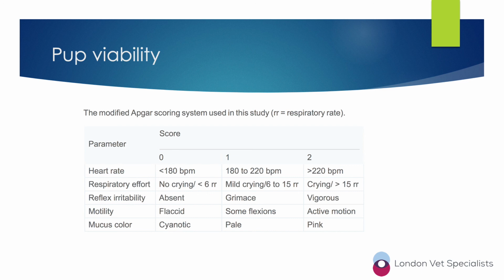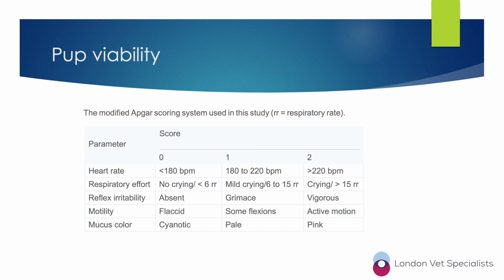The reason that I chose alfaxalone for induction in this case is that there are some studies which show a higher APGAR score in pups in the short term, so in the hours after delivery, compared to other induction agents, so that may be one reason to choose alfaxalone for these cases.